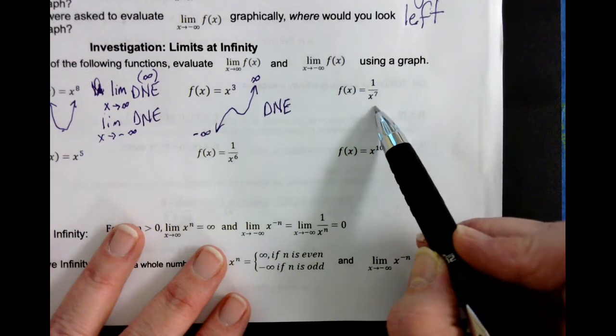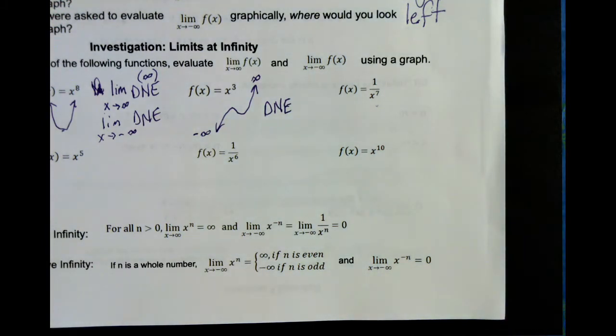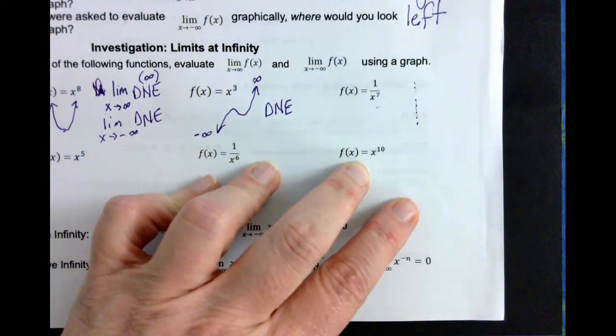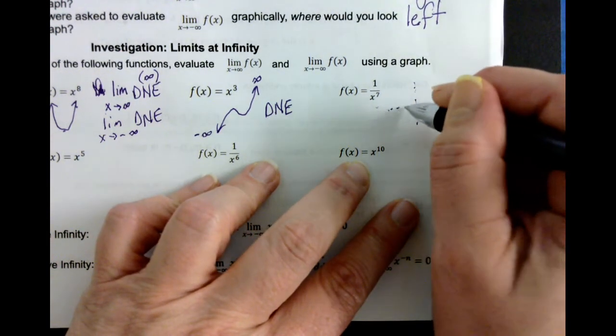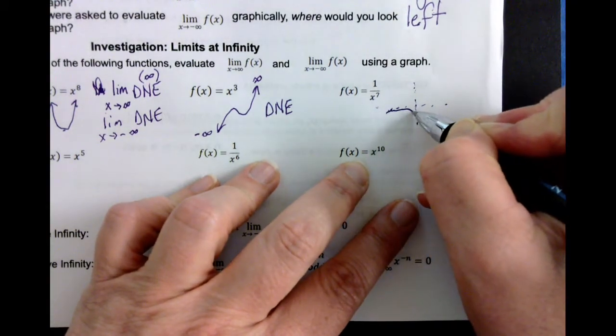This is kind of extreme. But it's basically going to be a variation on the graph of 1 over x. Okay? Not exactly like it, but can you imagine that it is going to have a vertical asymptote at 0 and a horizontal asymptote at 0, and it's going to look something like this.